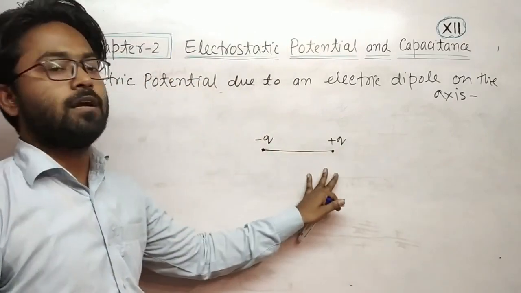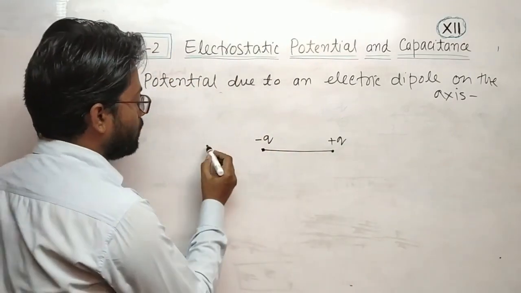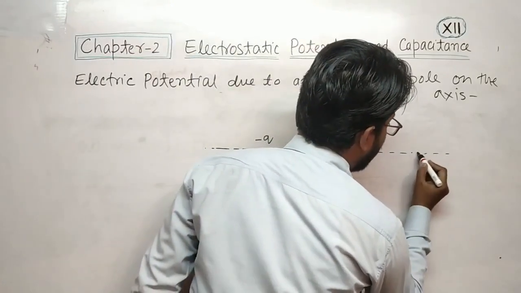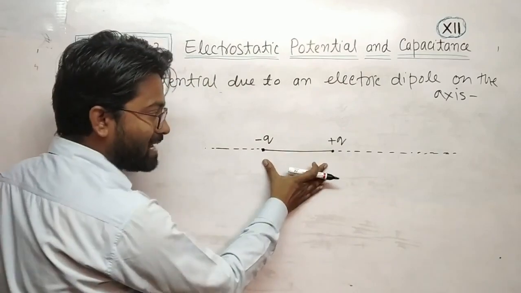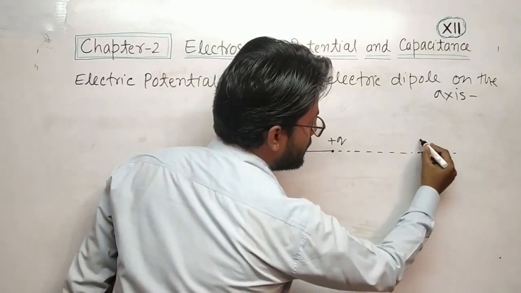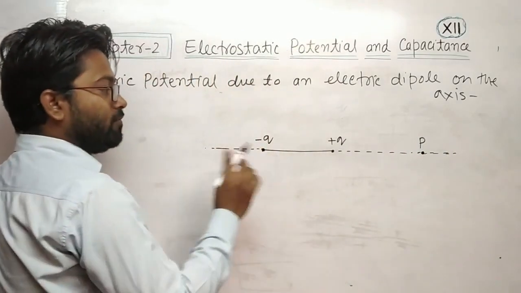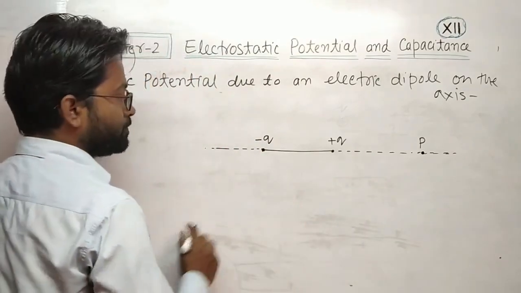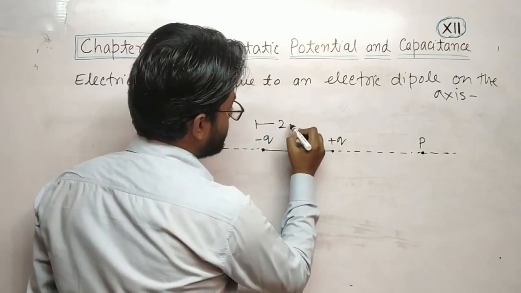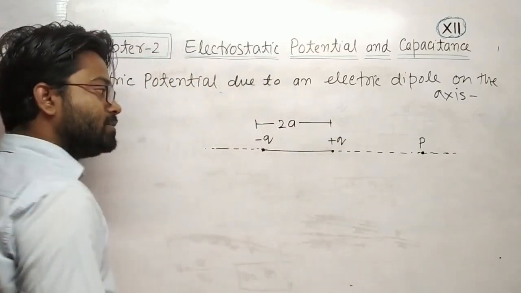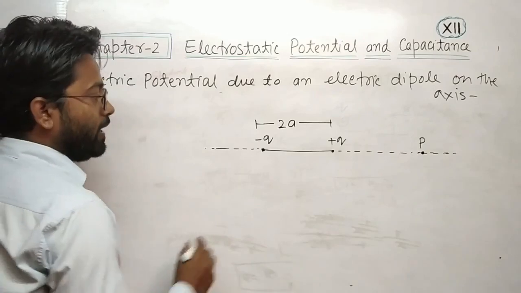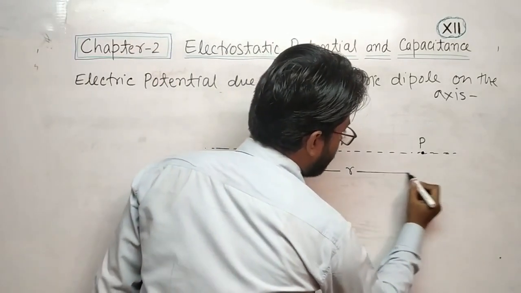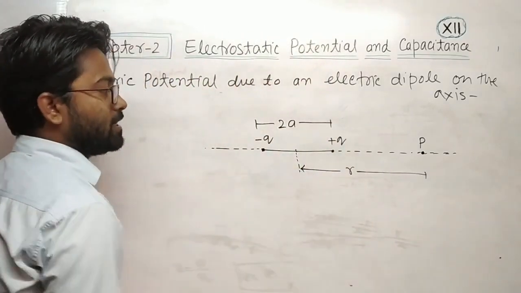This is electric dipole, and we need to calculate electric potential at any point on the axis of the dipole. Let us suppose this is the point P where we need to calculate electric potential due to these two charges. Distance between the two charges, in general we take 2a, and from midpoint the distance of the point P is, let us suppose, R.